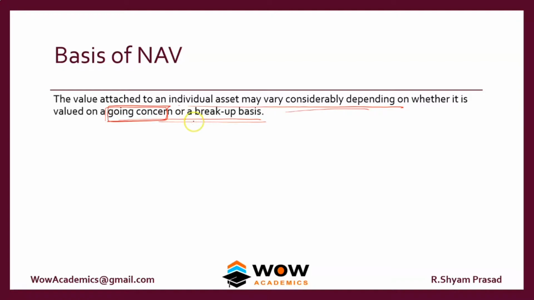If you use breakup values, assume that the company is closed and all the assets are sold as individual pieces, then the assets are valued in a different way. Even with this method, what the company is going to do produces a very different NAV. If it's a going concern, the NAV will be different. If the company is going to be closed and the assets sold, then the NAV will be different.